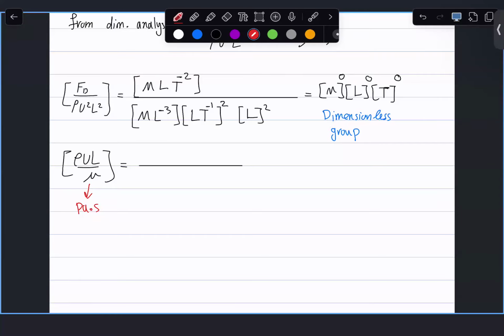I said force per area. So what are the dimensions of area? Length squared. And you multiply by time, right? So what does this give us? We will get M L to the -1 T to the -1. So this is dimensions of mu.